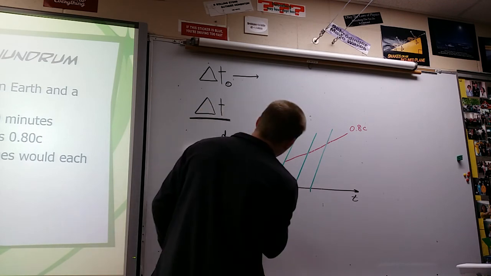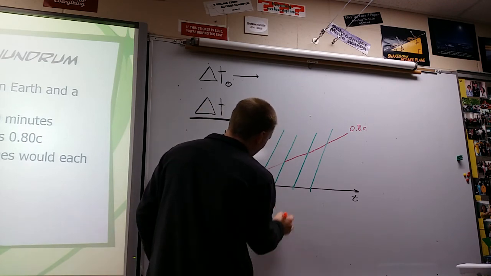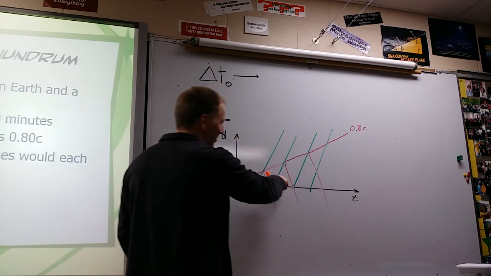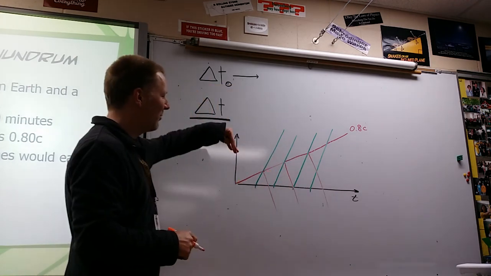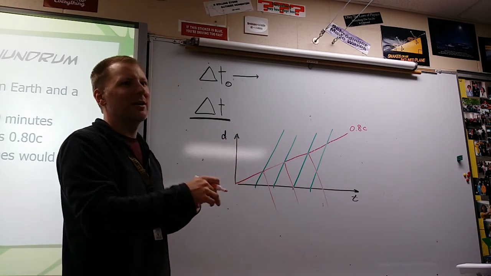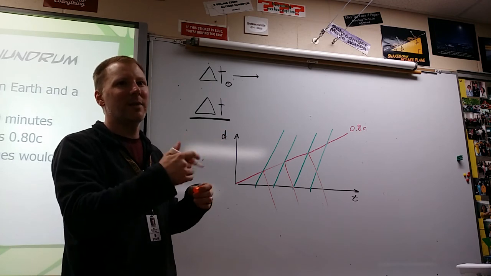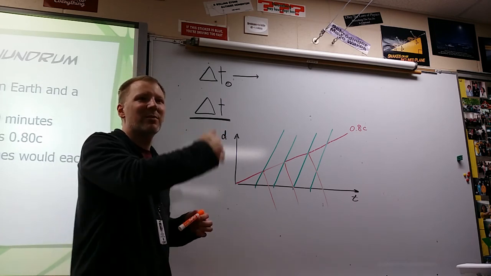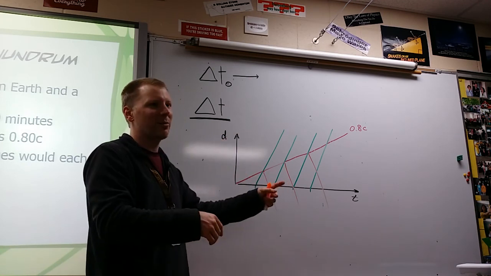It would be back. And so the person on Earth would also measure a longer time than 5 minutes, but it would be a consistent time between flashes, same as on the ship.